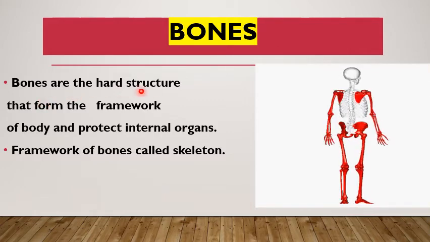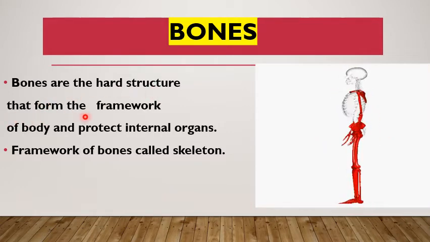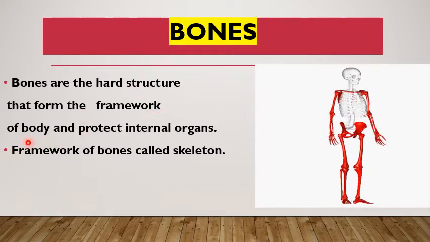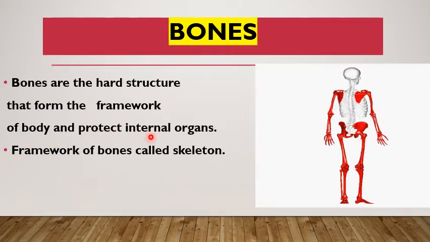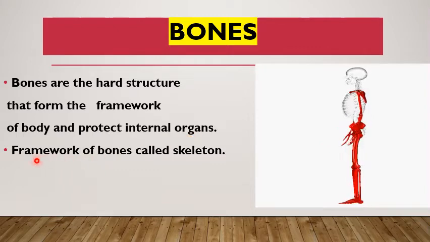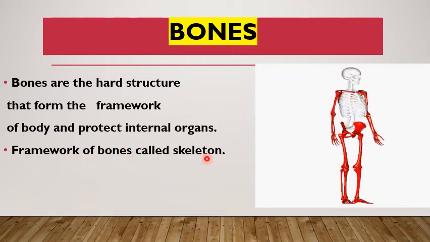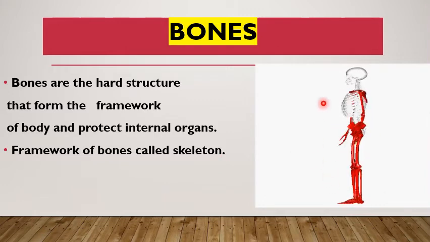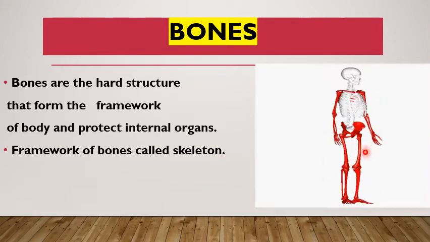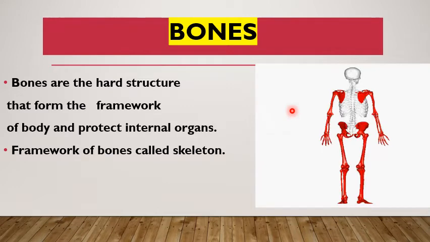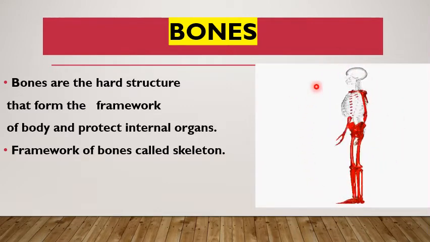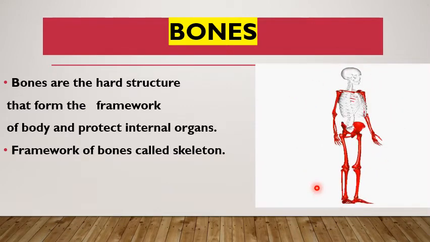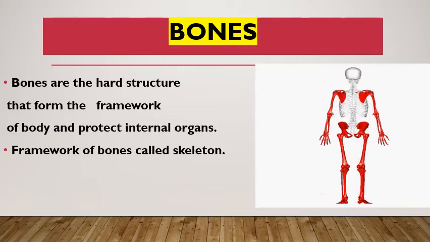It is a very hard structure that forms the framework of the body and protects internal organs. Framework of bones is called skeleton. So, my dear students, a hard internal or external framework of the bone, as you are seeing in this picture. This is skeleton.